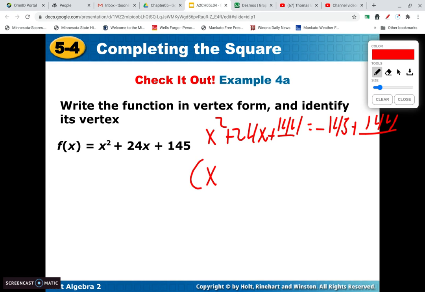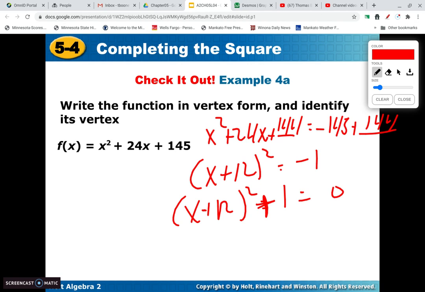This can be rewritten as x plus 12 squared. That works out nice. That's just a -1 on this side. So let's bring that over. X plus 12 squared plus 1 equals 0. So our vertex is going to be -12 and +1. That's going to be the vertex that we get as we do that.